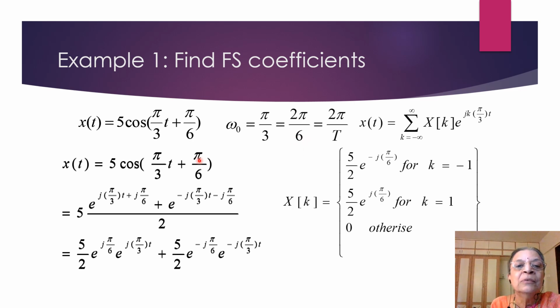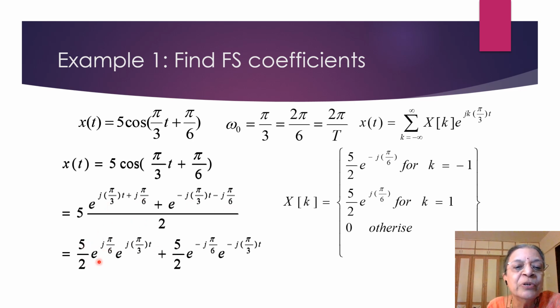Now I will write this x(t) as equal to 5 cos of (pi by 3 t plus pi by 6). Now I will write it in terms of exponential terms. So cos theta is e raised to j theta plus e raised to minus j theta, divided by 2. Now in this case, this is 2. I will just expand these terms.